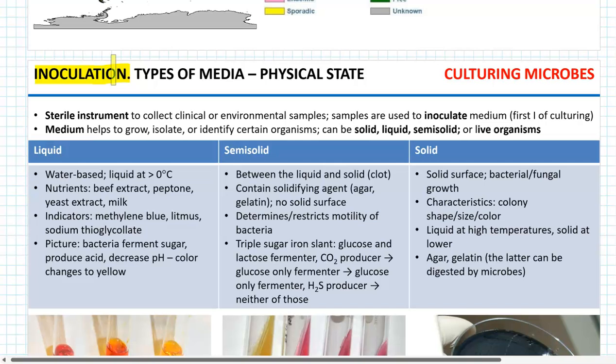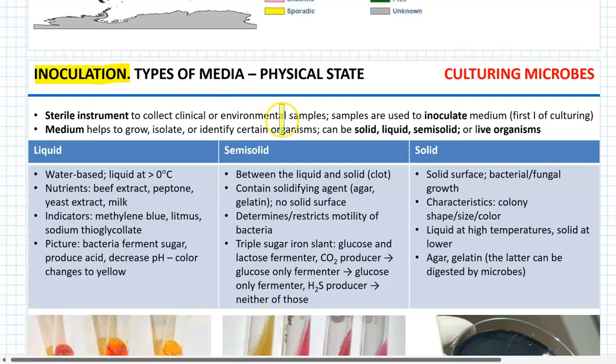Okay? I highlight the word deliberate. Remember last week you were sampling the environment? You had an intent. You collected a sample and you put that sample on the agar plate. Right? You didn't just sneeze into an agar plate accidentally. Like that sneeze is not inoculation, that's contamination. Inoculation is deliberate.